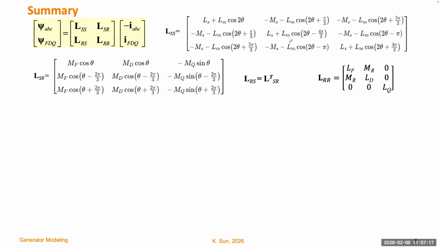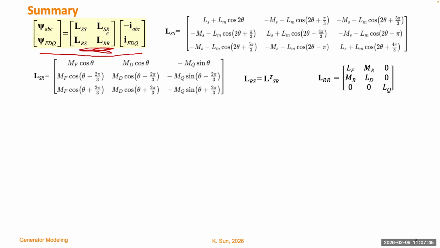Let's summarize the model. We derived the flux linkage equations, which include 6 equations to determine the flux linkage from the self and mutual inductances with current. First we need to identify the values of this inductance matrix.